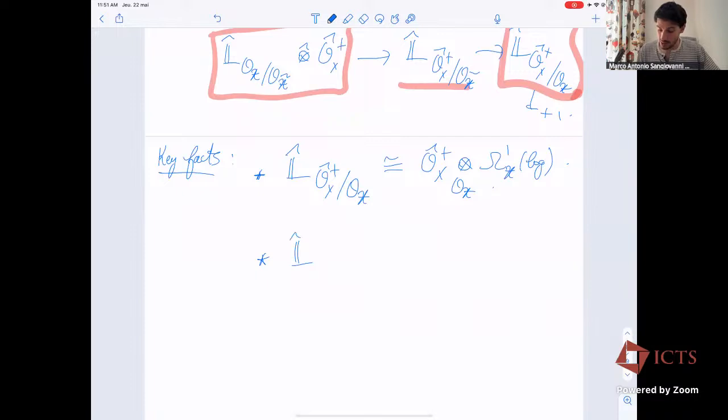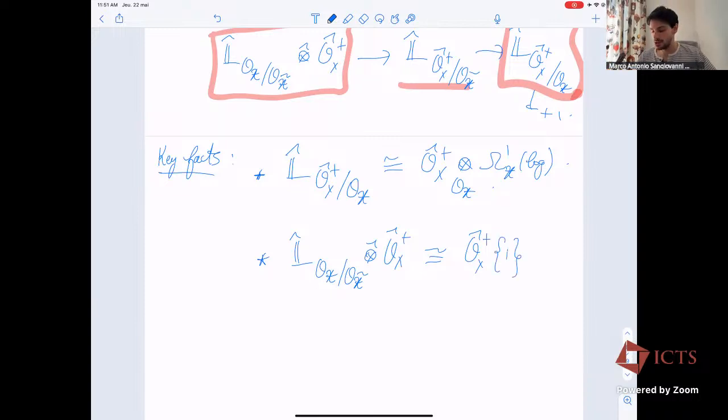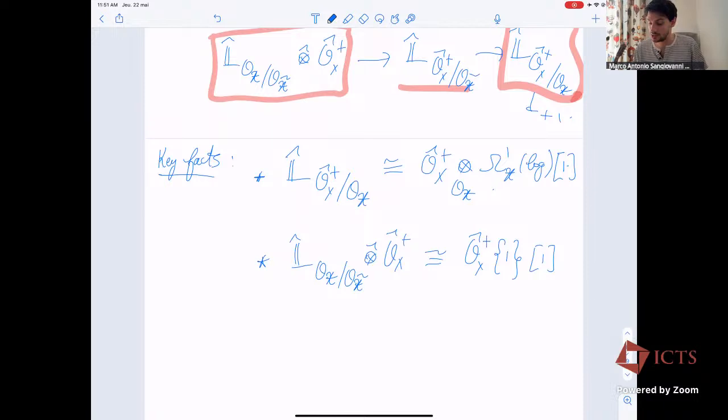And the second bullet point is this one. It's canonically isomorphic to O hat X plus, but with the Breuil-Kisin twist. This just means that I tensored O_X hat plus over O with the Tate module of the formal differentials with O of 1, in degree minus 1. Sorry, they're both concentrated in degree minus 1.